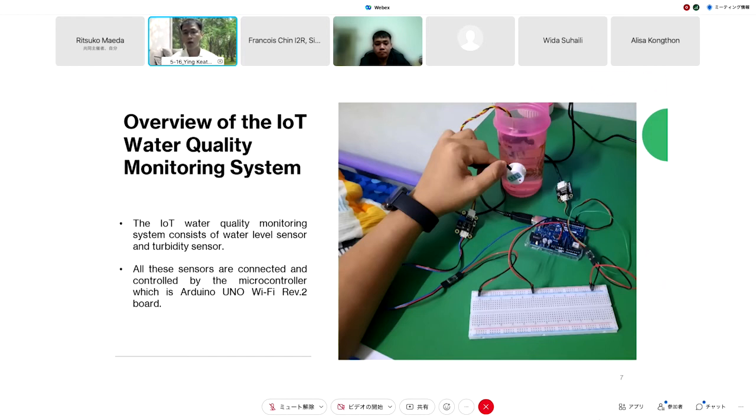But due to delivery issues, we were unable to obtain those sensors and start to develop our system. All these sensors are connected and controlled by the microcontroller, which is the Arduino Uno Wi-Fi Revision 2 board.